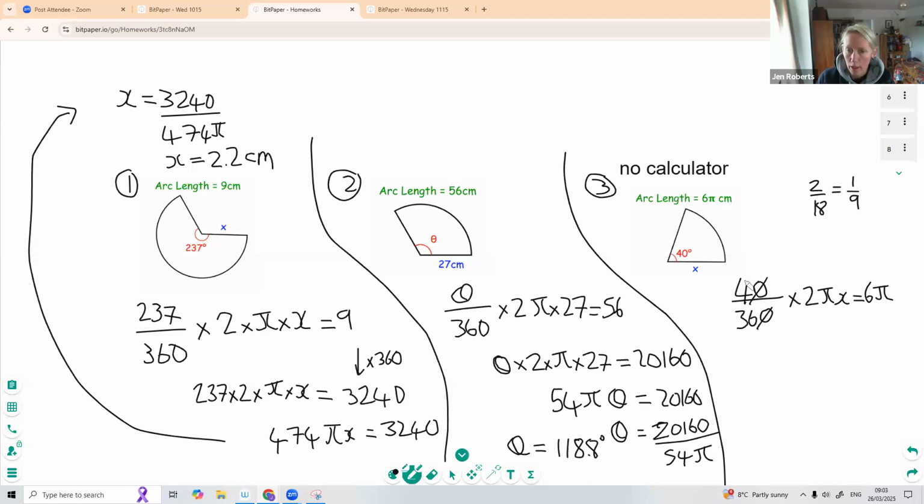Well, you could have got that straight away by noticing 4 is the highest common factor, dividing them both by 4, we get 1/9. Let's multiply both sides by 9. Multiply this side by 9, we get 54 pi. I divide both sides by pi next. Divide both sides by 2. x is 27 centimetres. Okay, thanks for listening.